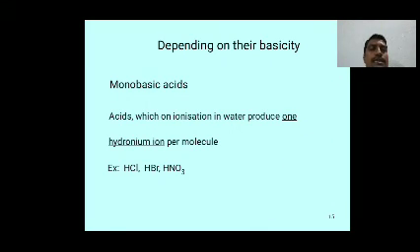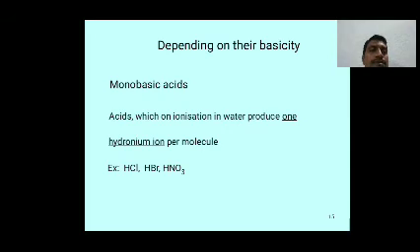Examples of monobasic acids are HCl, HBr, and HNO3. The ionization of HCl gives H plus and Cl minus. It gives only one H plus ion in aqueous solution, so these acids are called monobasic acids.